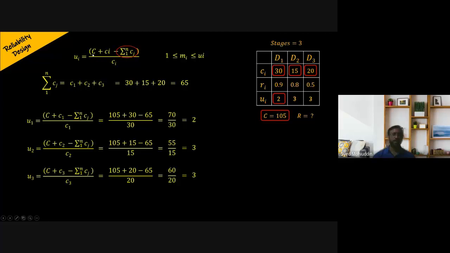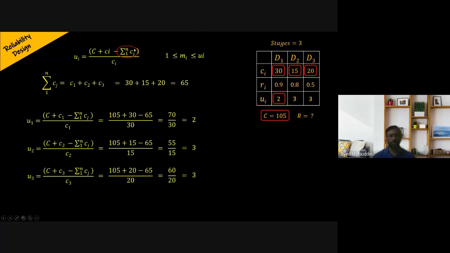Its equation is C, which is 105, plus Ci, that is cost 30, since we are trying to find how many D1 devices we can place, so i is 1, minus summation of 1 to n of Cj, divided by Ci.